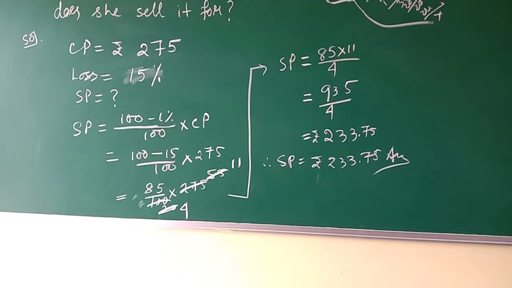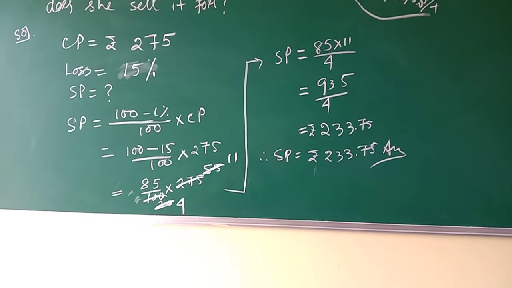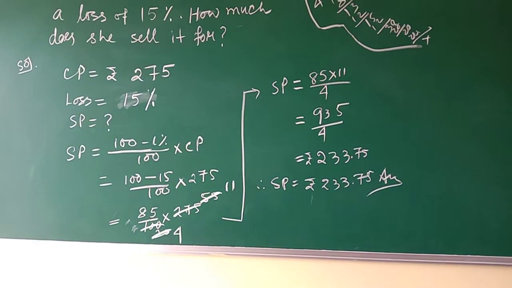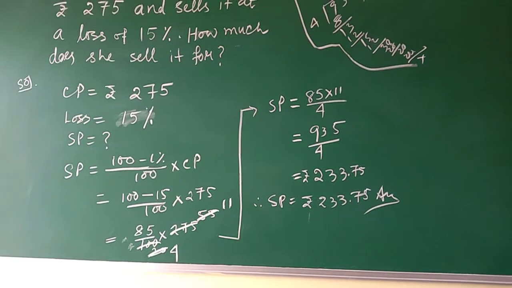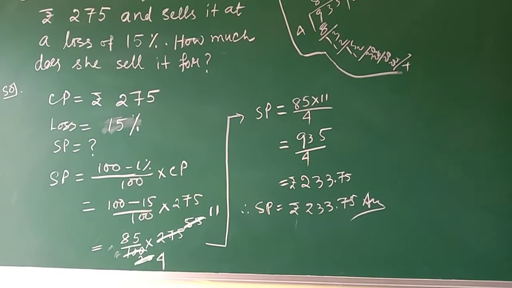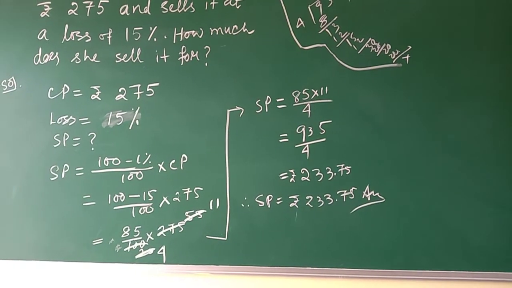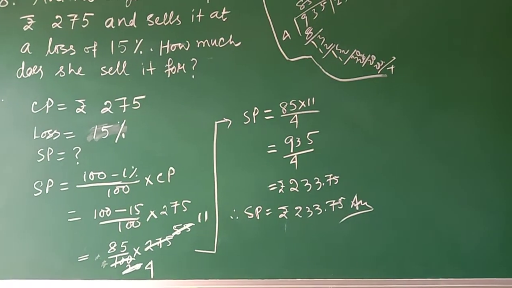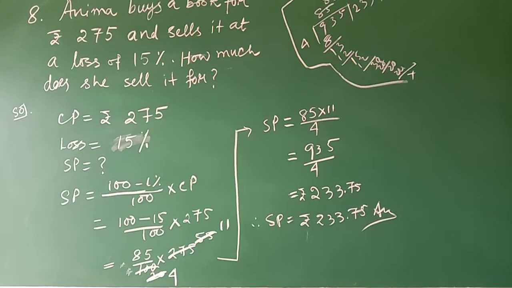Afterwards, you put the value of loss percent and the value of CP. Then cancellation. Do the calculation, and as much you practice this cancellation, you will be expert of this kind of sums. If you want to avoid, then it will be a terror for you. I don't want that. So please try to do the calculation by your own.